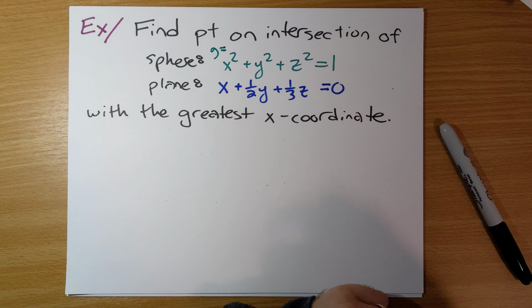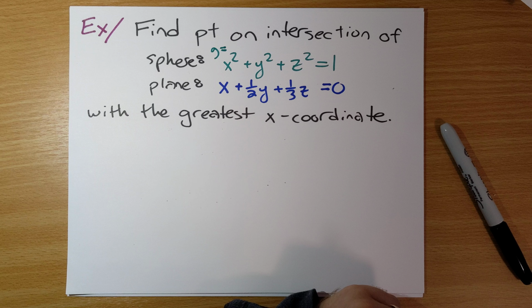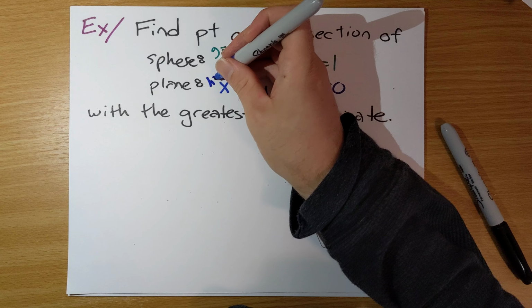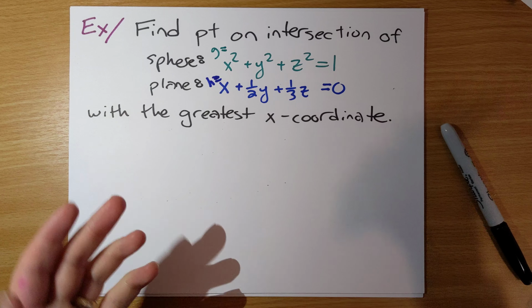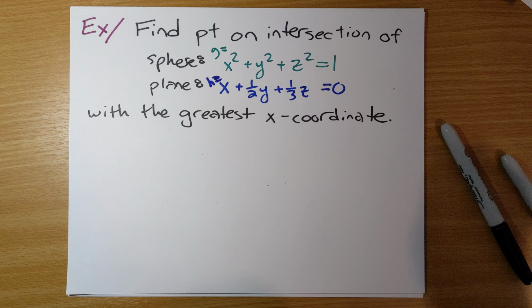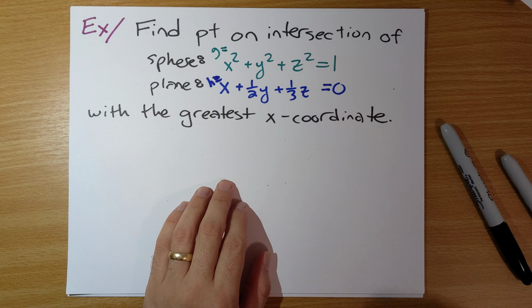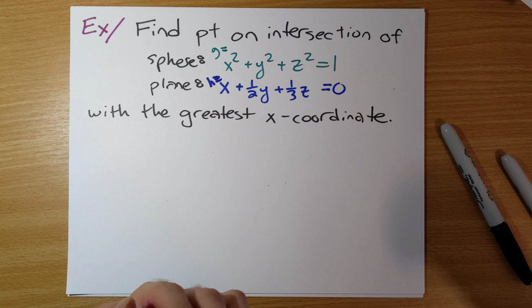G is x squared plus y squared plus z squared is equal to 1. If you want to move that 1 to the other side so your constraint equals 0, that's fine. The plane equation h will be x plus 1/2 y plus 1/3 z. Right now, we might not see an explicitly written out function to optimize, but greatest x coordinate tells us we're trying to maximize x.